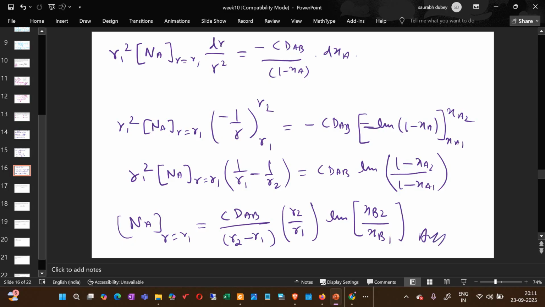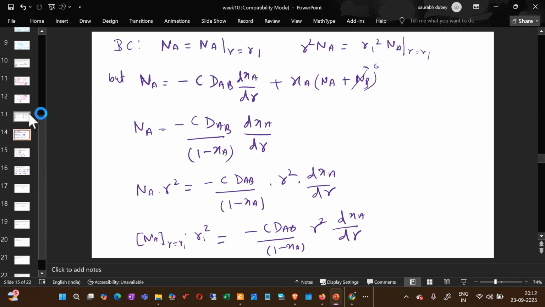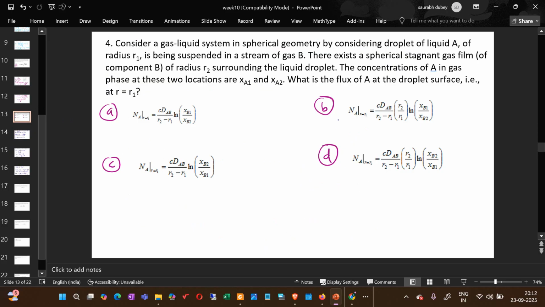This is the answer. This matches the option, so B is the correct answer. So now it is done, right?